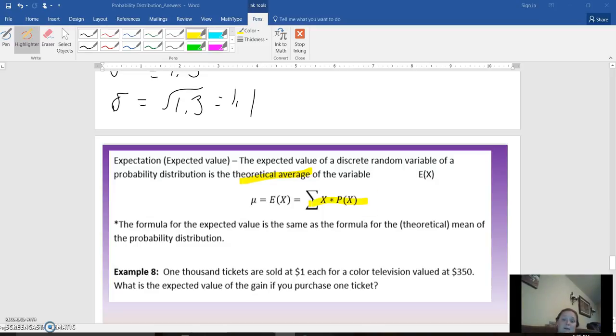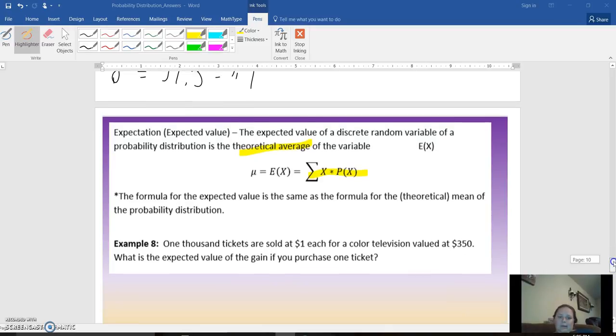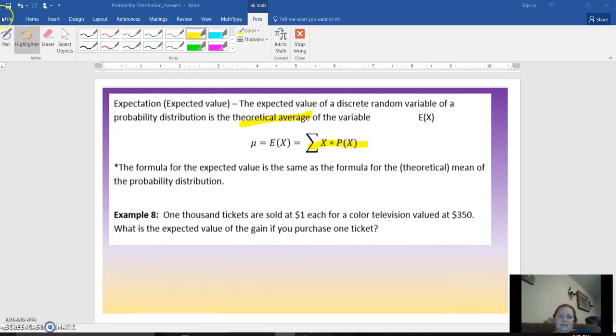So I'm going to make the probability distribution, and then I'm just going to find the mean. But because it's a game or an event, it's just called expected value. So this means about how much money you would win or lose if you played the game every single time it was offered and you always played it.